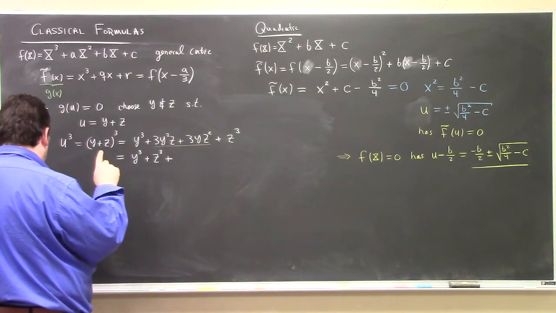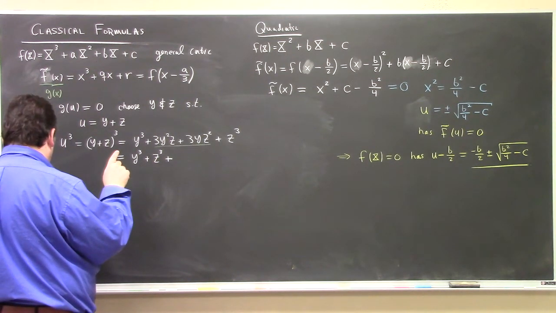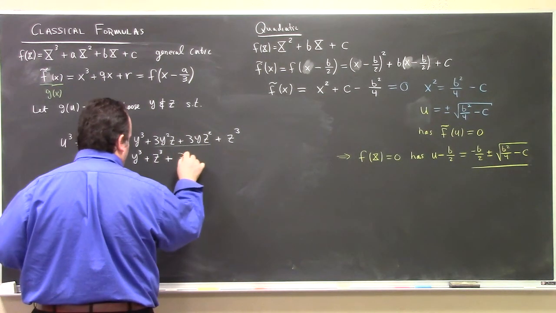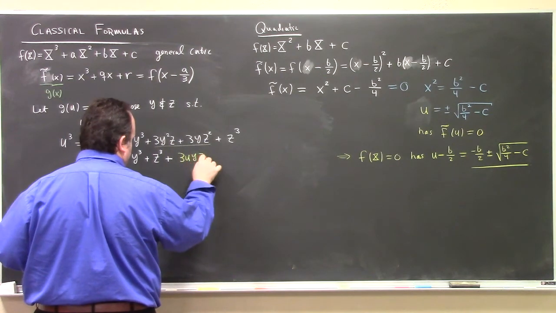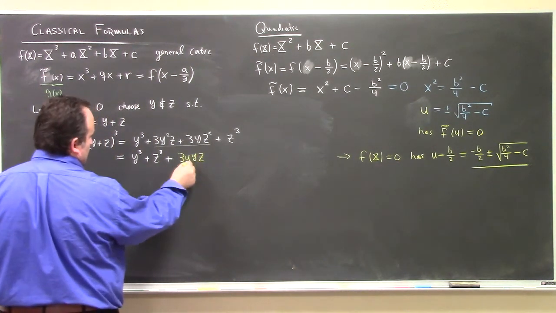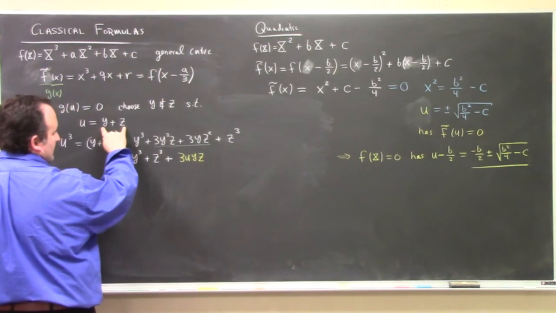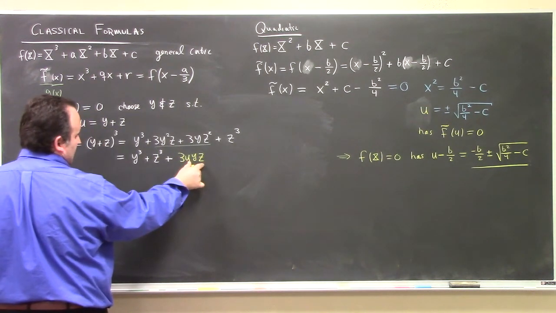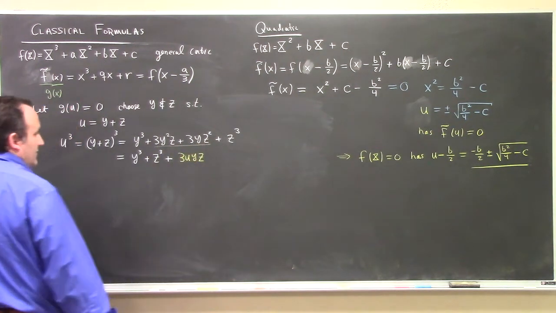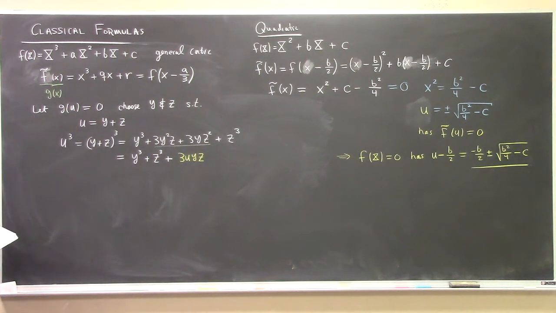We can rewrite those as 3uyz. See if that makes sense. When you put in u as y plus z, you get a y squared z, but you also get a z squared y, which is what we have up here with the 3. So that's kind of sneaky.